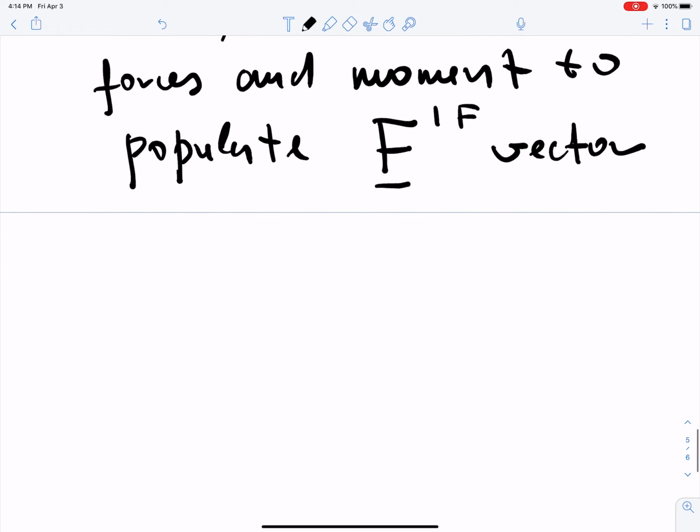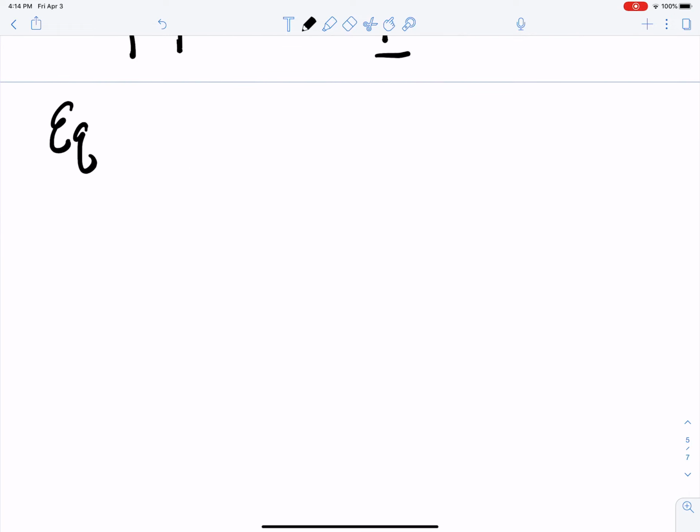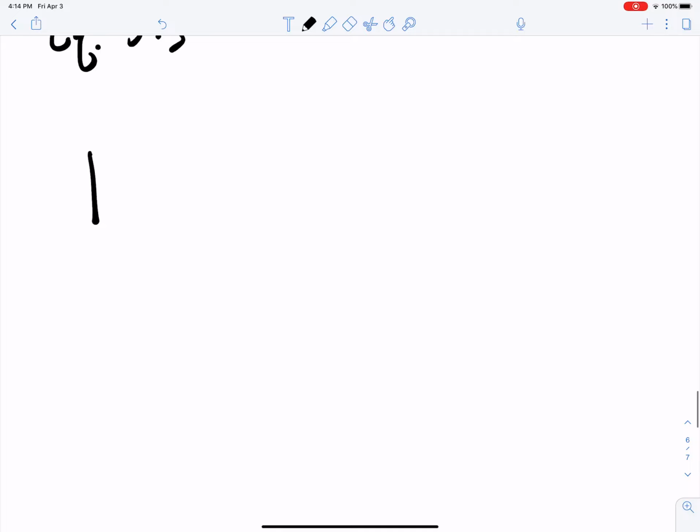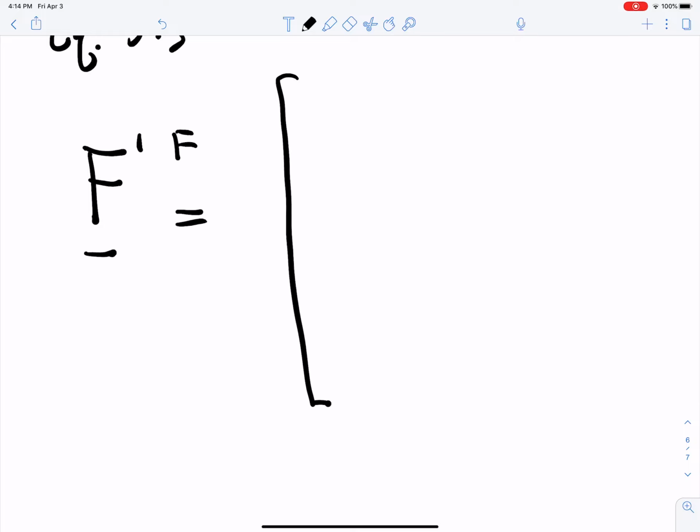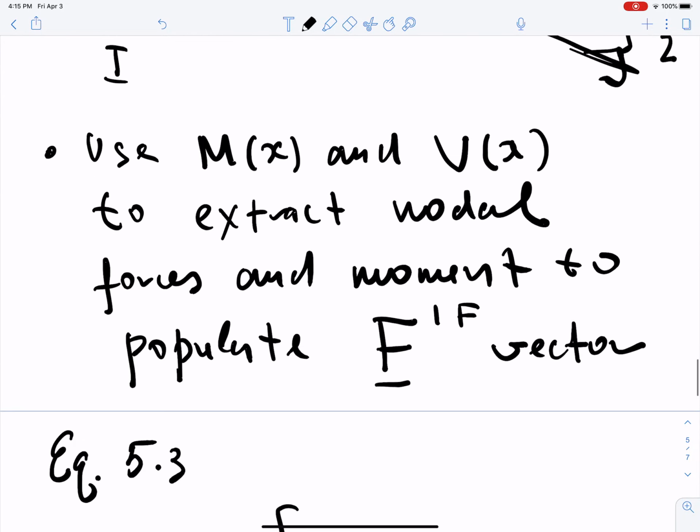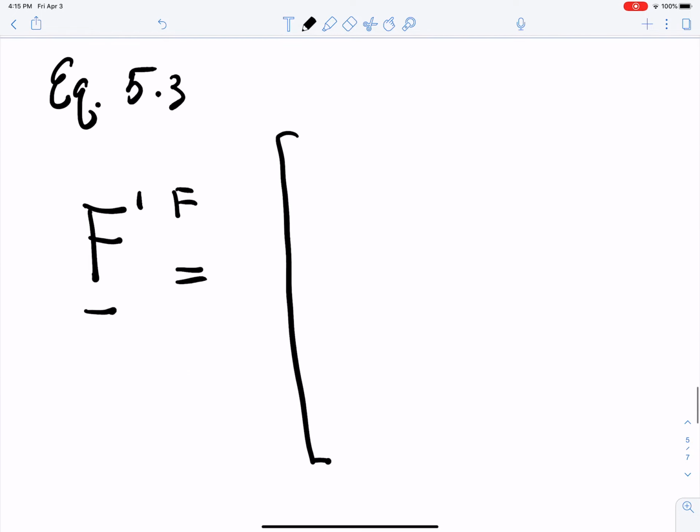So let's write it down. And this ends up being equation 5.3. So f prime f equals. We just need to go and visit the nodes I and j and see what's happening. So first, nothing is going on in the horizontal direction, so the resulting forces are 0 in the first slot and 0 in the fourth slot. Let me write this down.